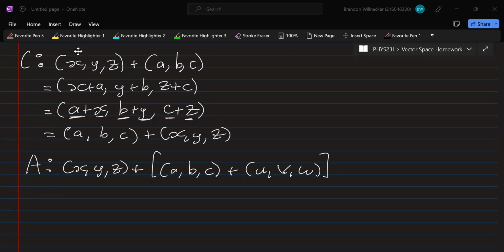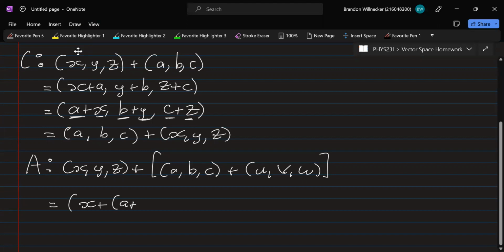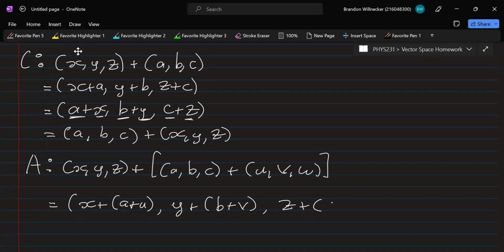In other words, we can shift the brackets around. We can use the definition of addition to combine all of these. So this is going to be x plus, and then we have a plus u in brackets. And then we have y plus b plus v, and then z plus c plus w.